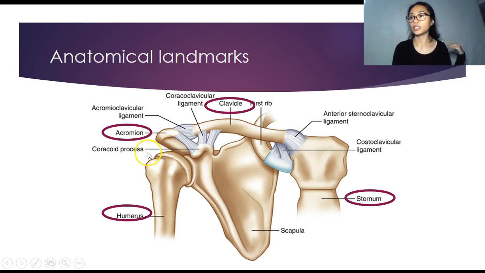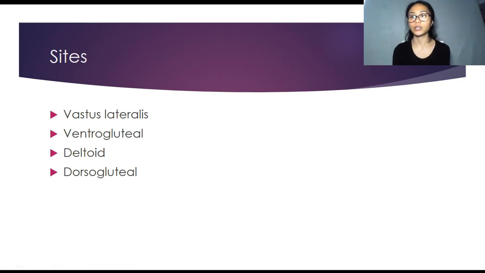Underneath that, you'll feel a little bit of a soft tissue gap, and underneath that is obviously your humerus. So clavicle, acromion process, all the way out to the side. Gap, and then your humerus, which is just sitting there underneath. Keep these things in mind as we go into our site choice.